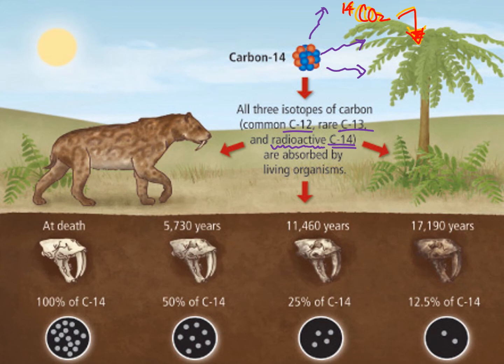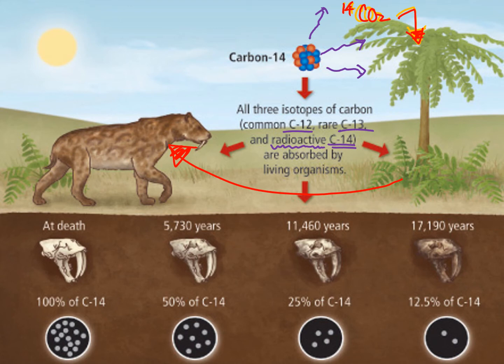When the animal eats the plants, the animal will get the carbon-14 into their body. So when the animal dies, the animal will stop exchanging carbon with the environment, and therefore the amount of carbon-14 inside their body will start to decrease as the carbon-14 undergoes radiation.